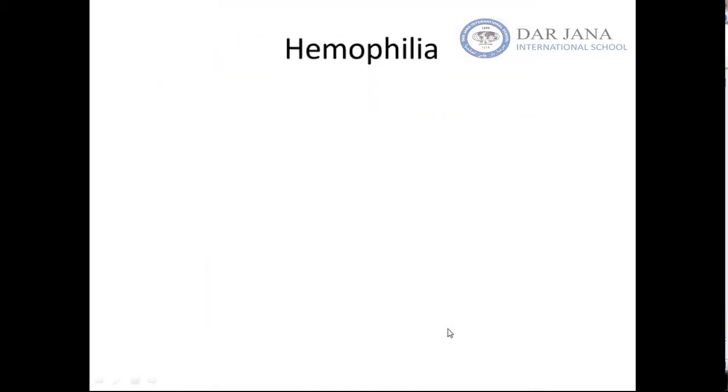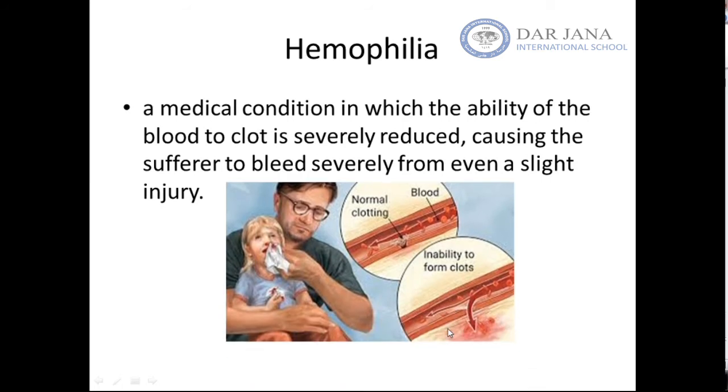Now let's talk about hemophilia. Hemophilia is a medical condition in which the ability of the blood to clot is severely reduced. Usually, if we have a slight injury, the blood can clot, while in hemophilia there will be a difficulty for the blood to clot.